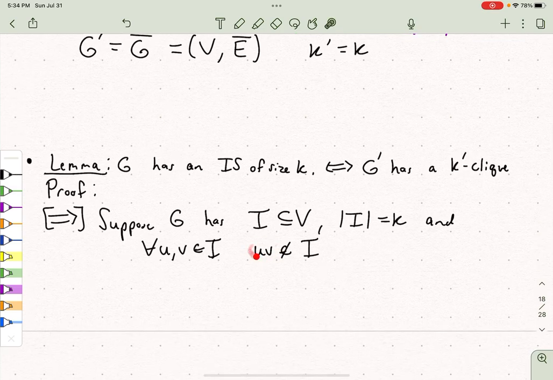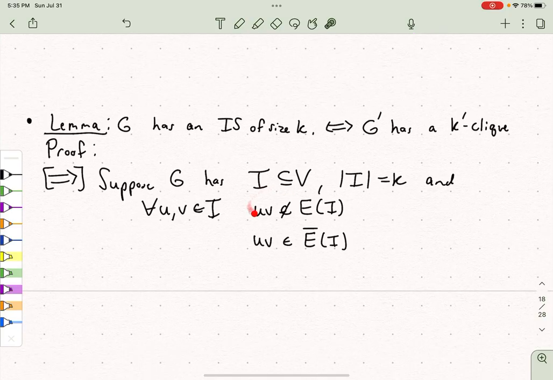For any possible edge that could be between nodes in the set, that edge does not exist. And so equivalently, if UV is not in the edges of I, that means that UV is in the complement of the edges of I.